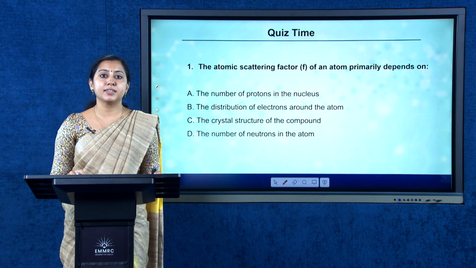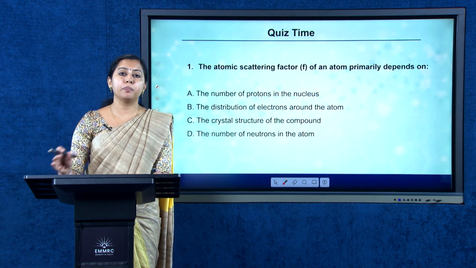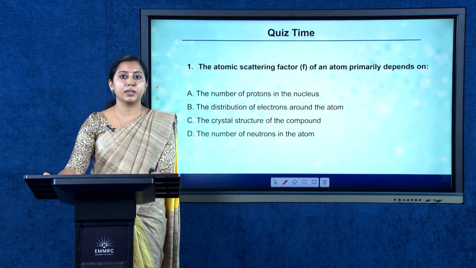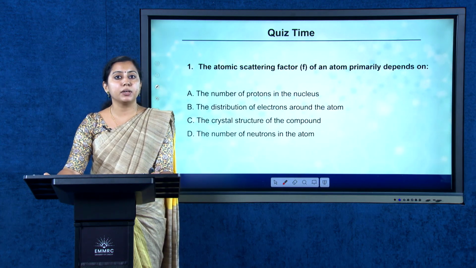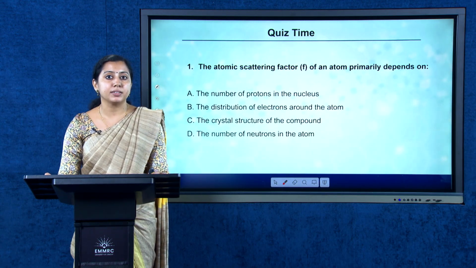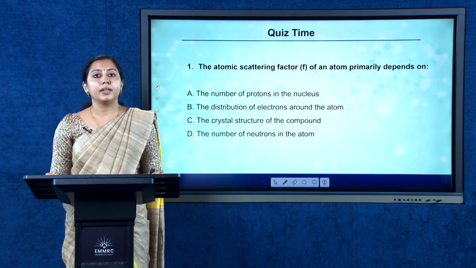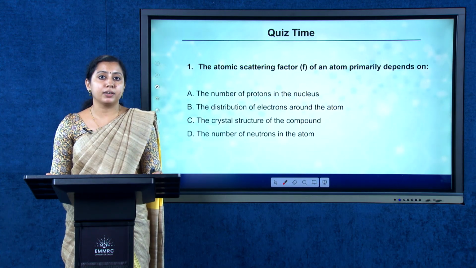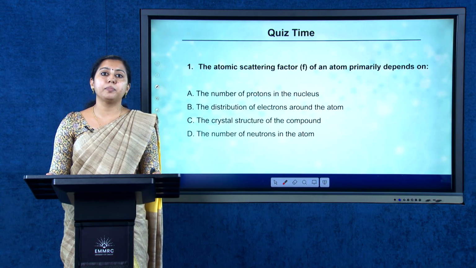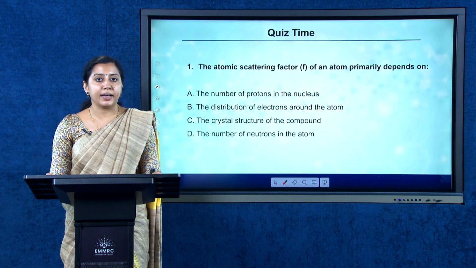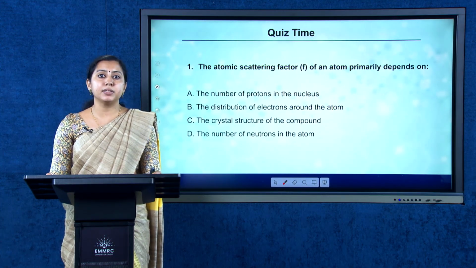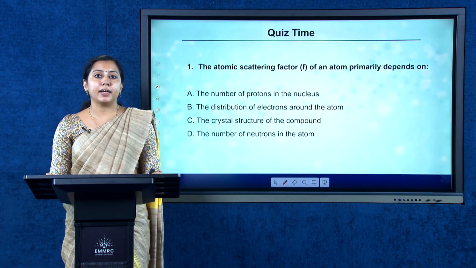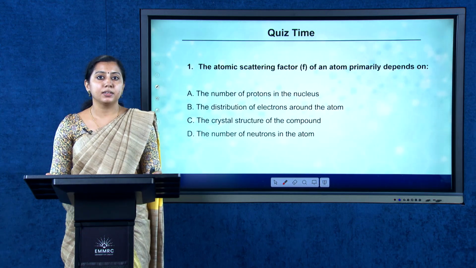In the last class, we discussed two important concepts used in X-ray crystallography, namely atomic scattering factor and structure factor. The atomic scattering factor describes the scattering by a single atom, and it determines how strongly an atom scatters the diffracted beam.